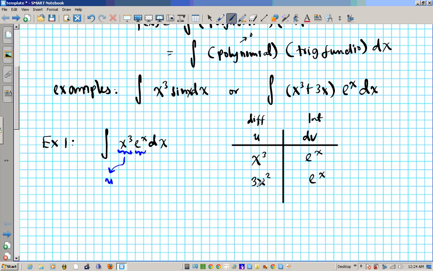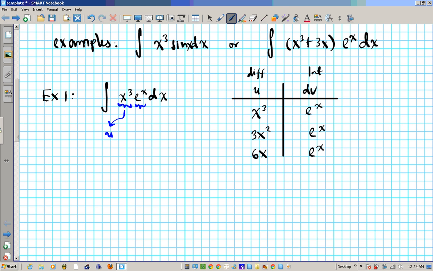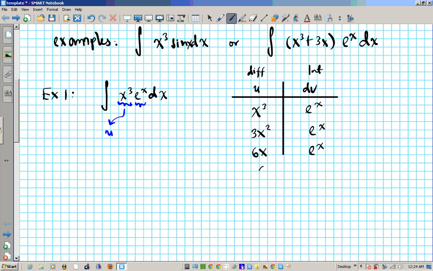Differentiate again, 6x, and integrate, e to the x. Differentiate to 6, and integrate, e to the x. Differentiate again, you have 0, and integrate, e to the x. You notice how the e to the x component keeps staying there. If we kept differentiating it, it wouldn't go away, and it would be a problem. But the polynomial function eventually ends in 0.